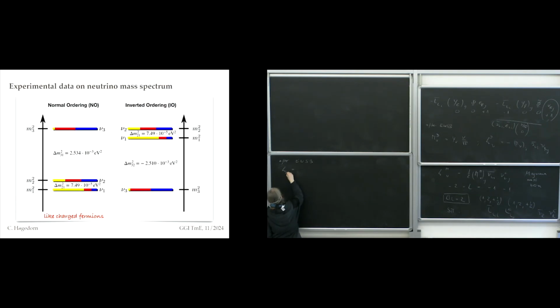We would have a Lagrangian mass term for the charged leptons, something like E_i E_j. And then we will have something also for the neutrinos, where we can choose between either having the Dirac one or the Majorana one.